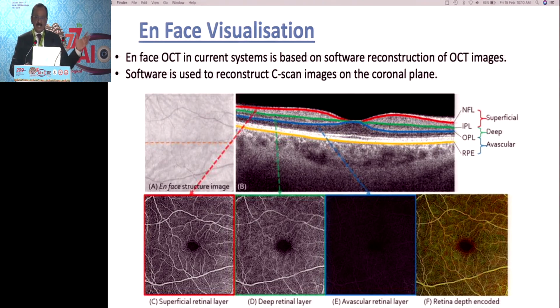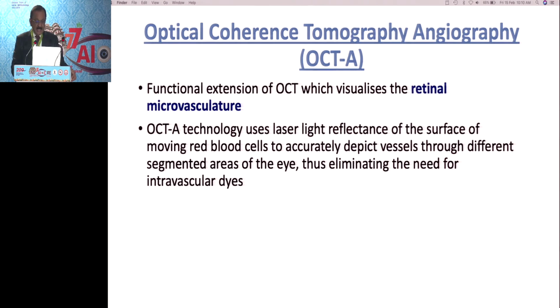With this OCT, which all of you are used to, the en face visualization came in, which is based on software reconstruction of the OCT images, where you're able to see the retinal layers in the coronal plane, and see how the structure is maintained at each layer.